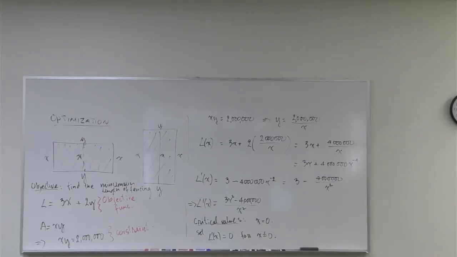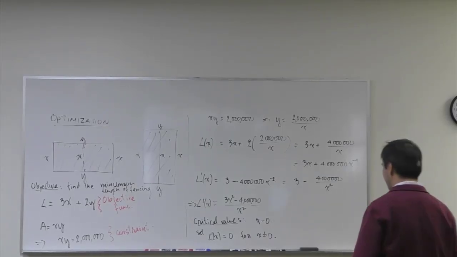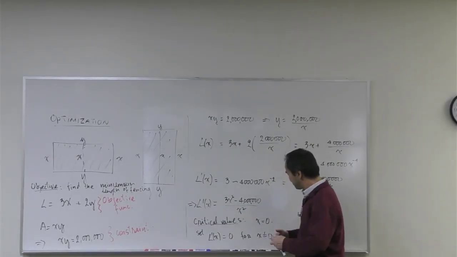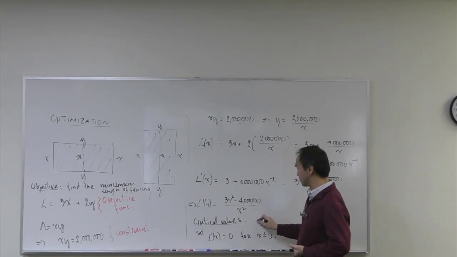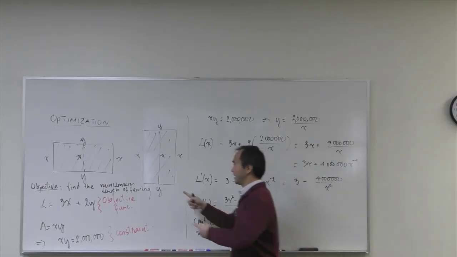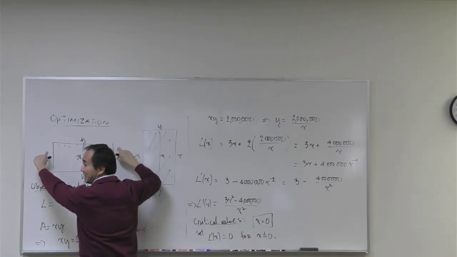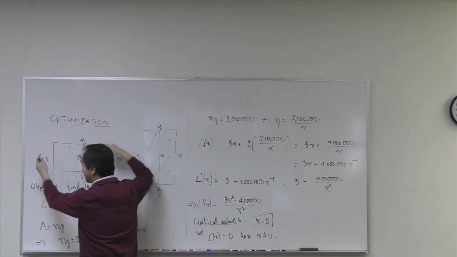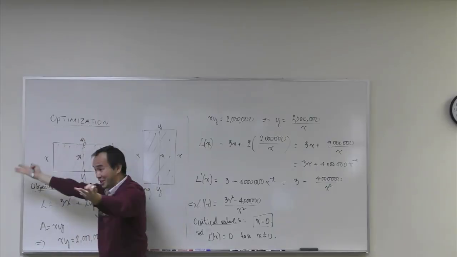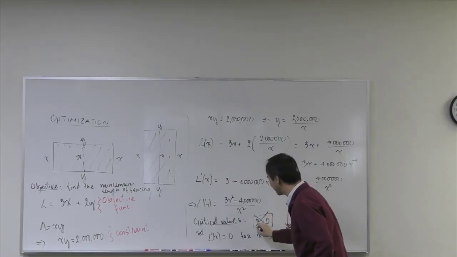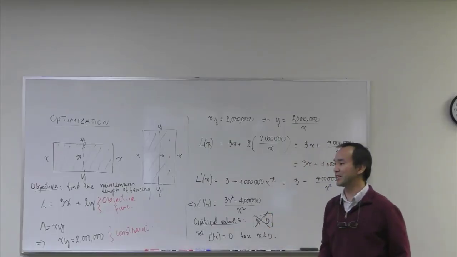Even back to the critical value making our L prime undefined, should we choose this critical value? Well, we shouldn't, because why? It makes no sense to have a yard with one dimension, the x dimension, being completely 0, right? Because 0 means we don't even have a yard, see what I'm saying? So we're going to take away this critical value. We can disregard that critical value.